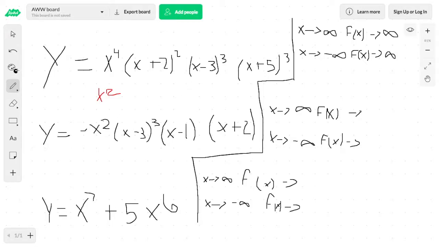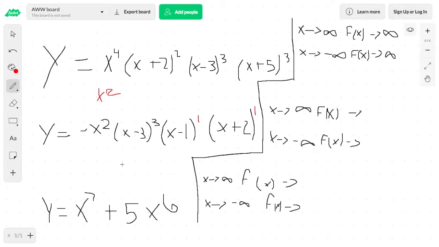Then for our second equation, we have y equals negative x squared, (x minus 3) cubed, (x minus 1), (x plus 2). For the two parentheses without an exponent, that's the equivalent of having the exponent 1, so we can calculate that in.